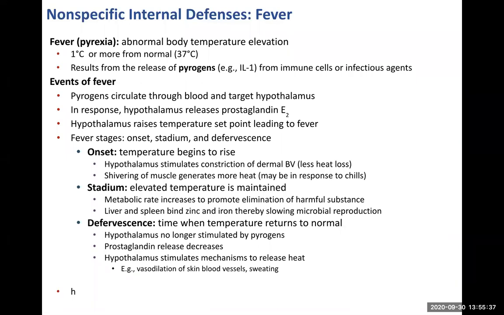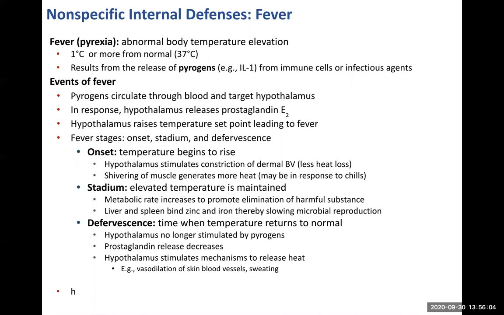Fever is a process that is oftentimes associated with inflammation. Fever is the phenomenon by which the body's temperature increases. Fever happens as a result of the release of what we call pyrogens. An example of a really important pyrogen is IL-1. IL stands for interleukin, that's a cytokine.